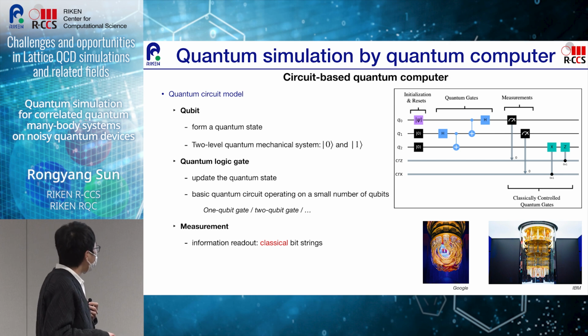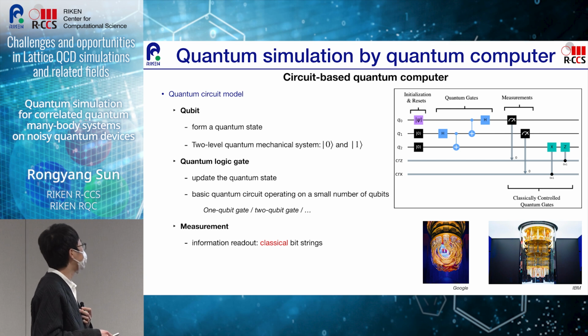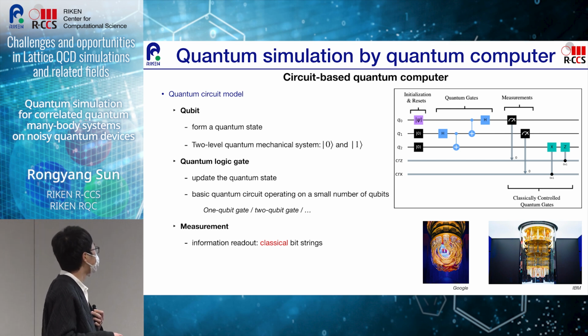Then we have quantum logic gates, which operate on the qubits and update the quantum state. A logic gate basically operates on a small number of qubits. For example, operating on 1 qubit is called a 1-qubit gate, and operating on 2 qubits is called a 2-qubit gate.